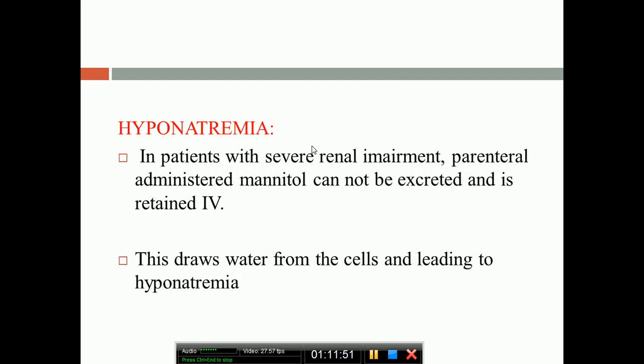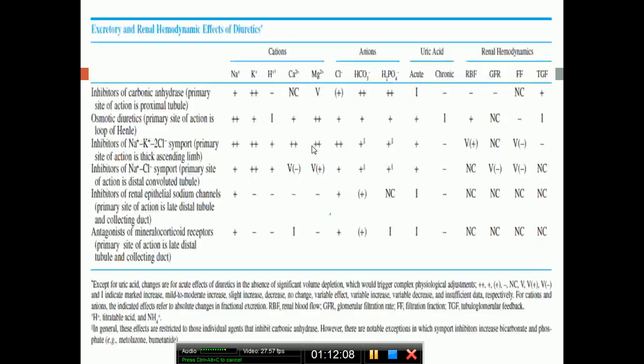Hyponatremia in patients with severe renal impairment: parenterally administered mannitol cannot be excreted and is retained in the IV compartment. This draws water from cells, leading to hyponatremia.